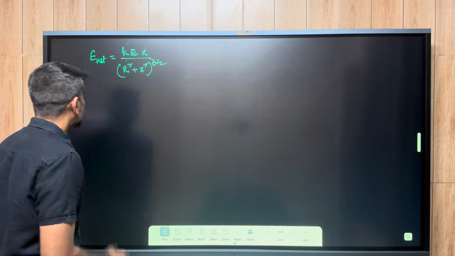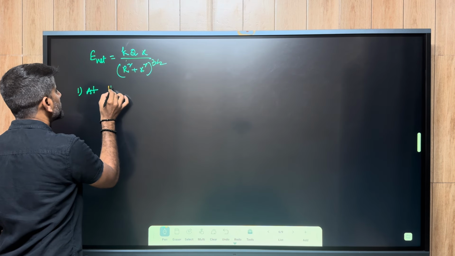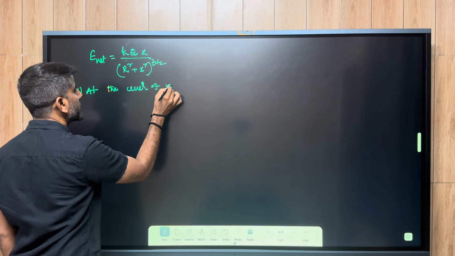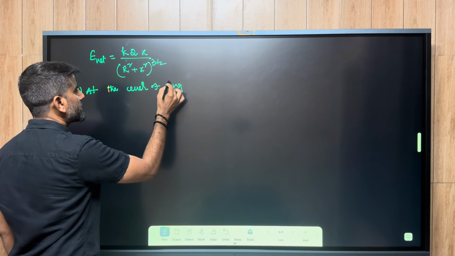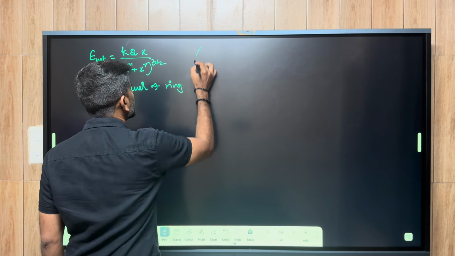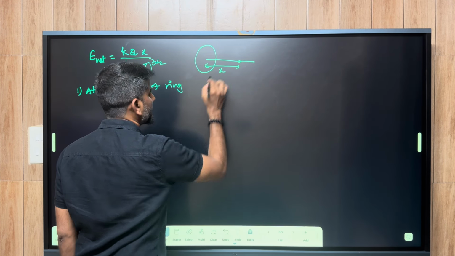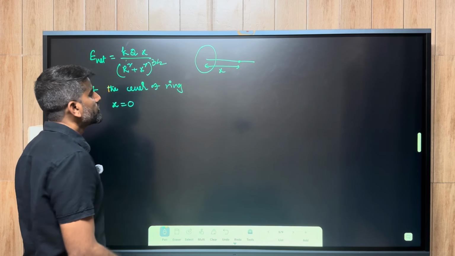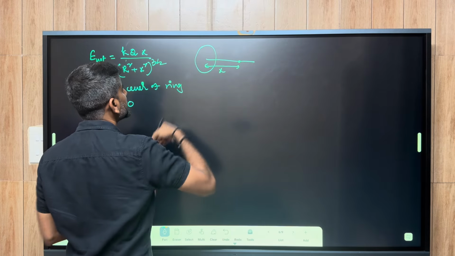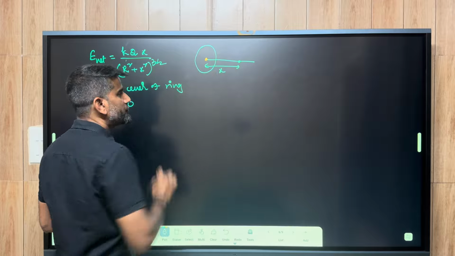Now let us take the case at the center of the ring. At the center of the ring means x would be 0. This is our ring and this is the point, and this is the distance x. Now I'm dealing with the point which is at the center of the ring, that means x value will be 0.